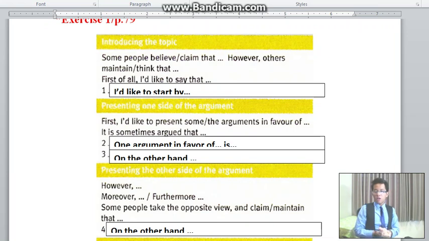If you want to present one side of the argument, you can use phrases including: first, I'd like to present some arguments in favor of; it is sometimes argued that; one argument in favor of is; on the other hand.